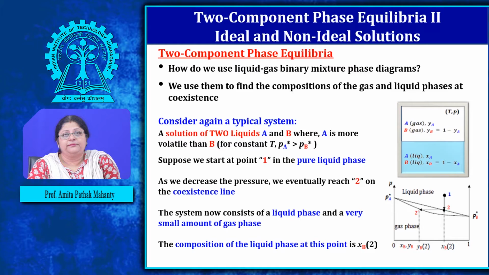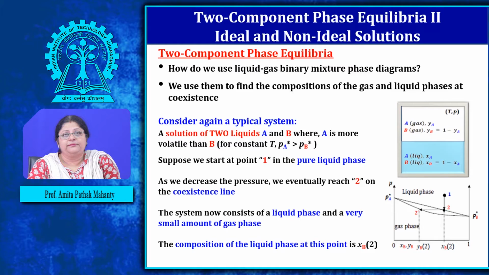And the lower curve is the one corresponding to the mole fraction of the component in the vapor state. So now if I take a composition here, then I have a composition at point 1 which is only going to be composed of the liquid phase.